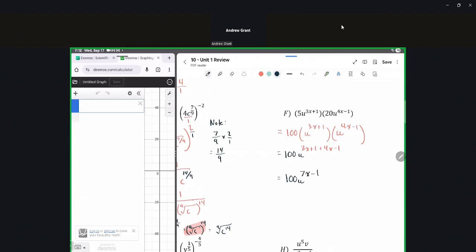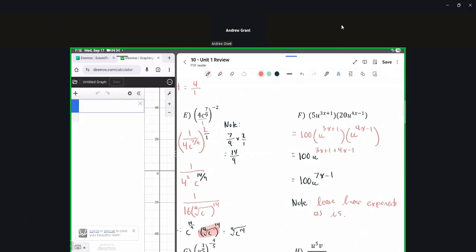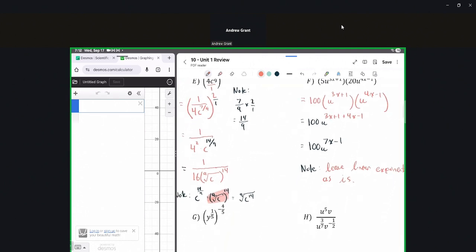And just as a note for convention purposes, just leave linear exponents as is. Can't really simplify that down anymore. Like if you try to take out a negative, or maybe if both terms were negative, like the 7x minus 1, once it's there in any configuration, just kind of leave it be. You don't try to do anything more with it because we really can't.